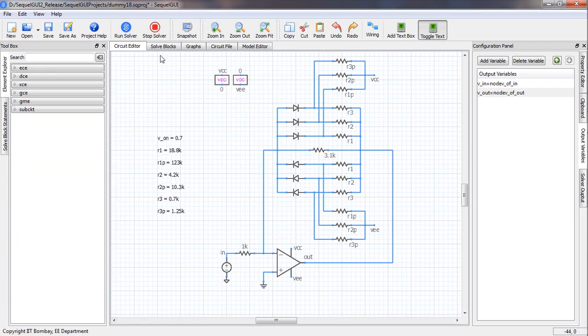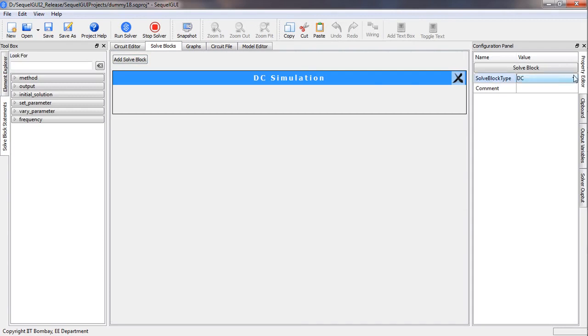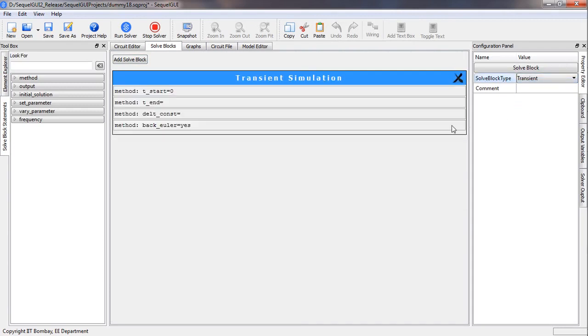Let us now go to the solve blocks section. Add a solve block. We want transient simulation, so make that transient simulation like that. Our Tn could be 10 milliseconds because our time period is 4 milliseconds corresponding to a frequency of 250 Hertz.